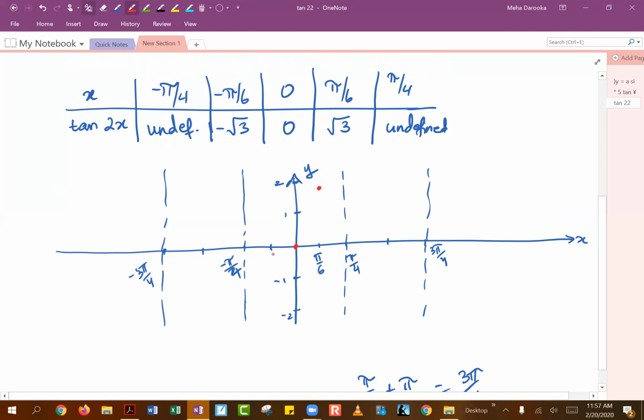This will be negative pi over 6, so maybe somewhere down here.